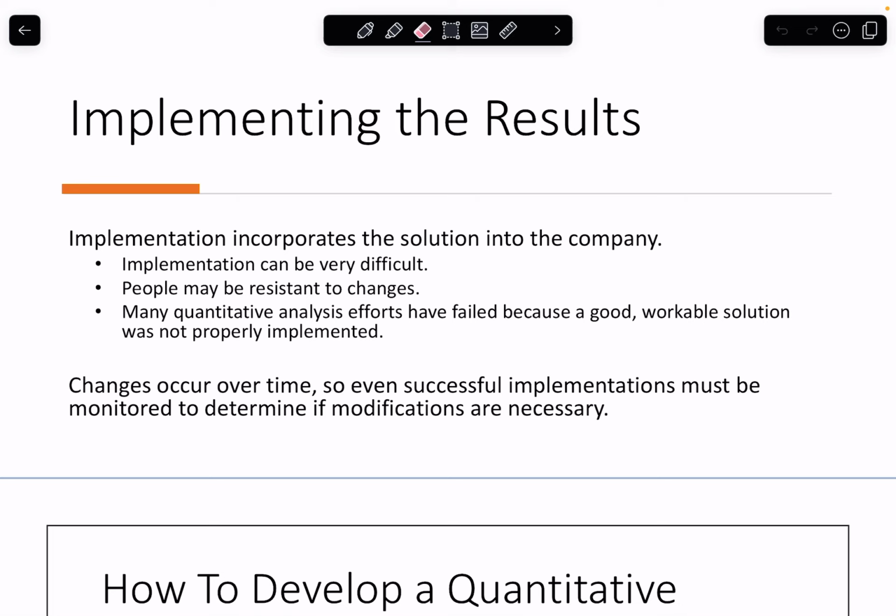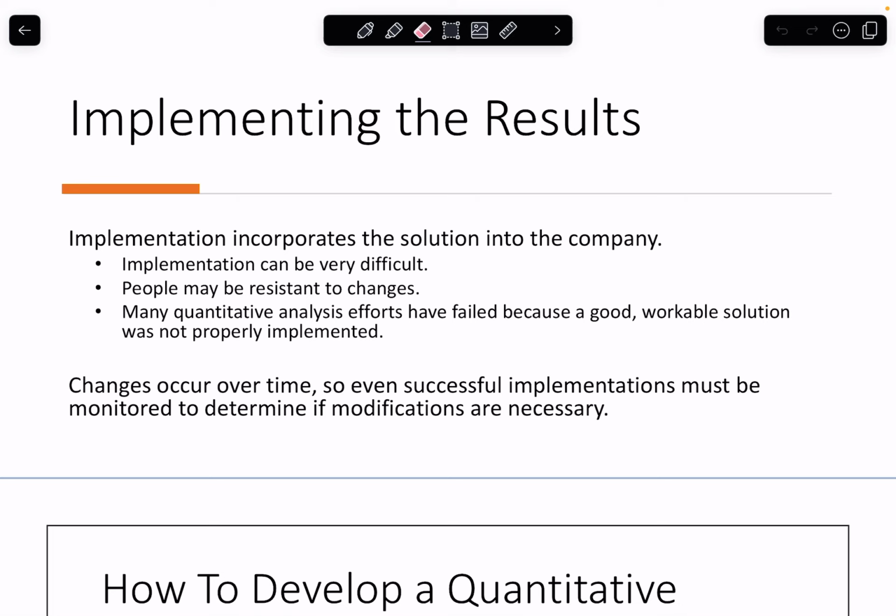There are a lot of people who oppose changes in the company. However, we have to balance whether we are still achieving the goals for the company, and at the same time balance it out with the needs of the people who are working for the company.